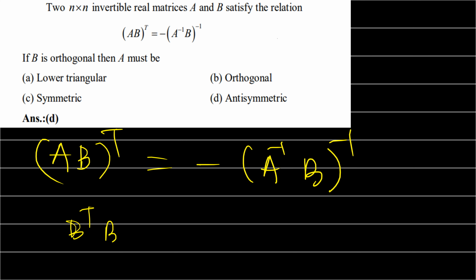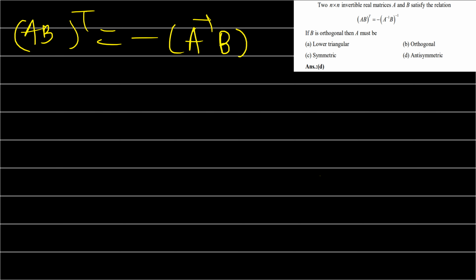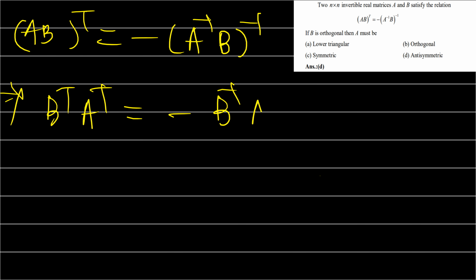B into B transpose will be equal to I. This implies B transpose equal to B inverse, then A must be. So basically by solving it, now by opening the brackets, opening this bracket, we will get this as B transpose A transpose minus B inverse A.